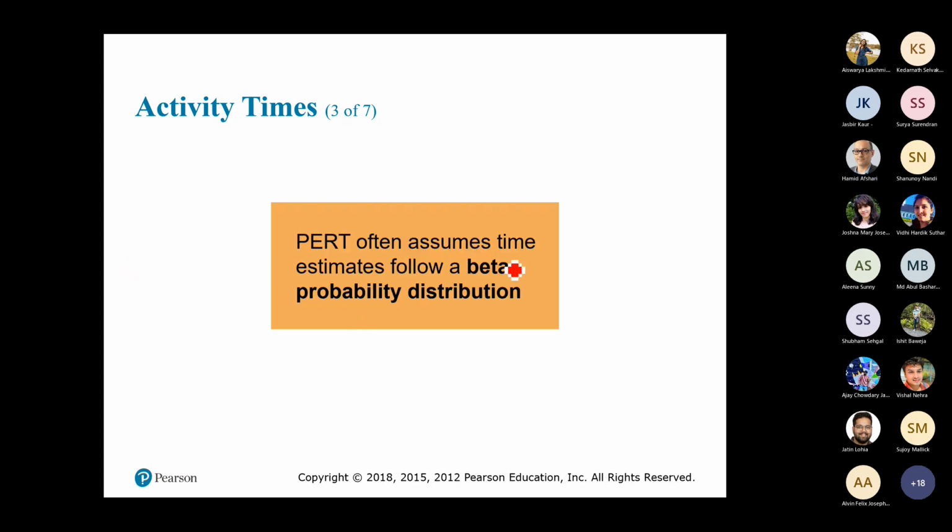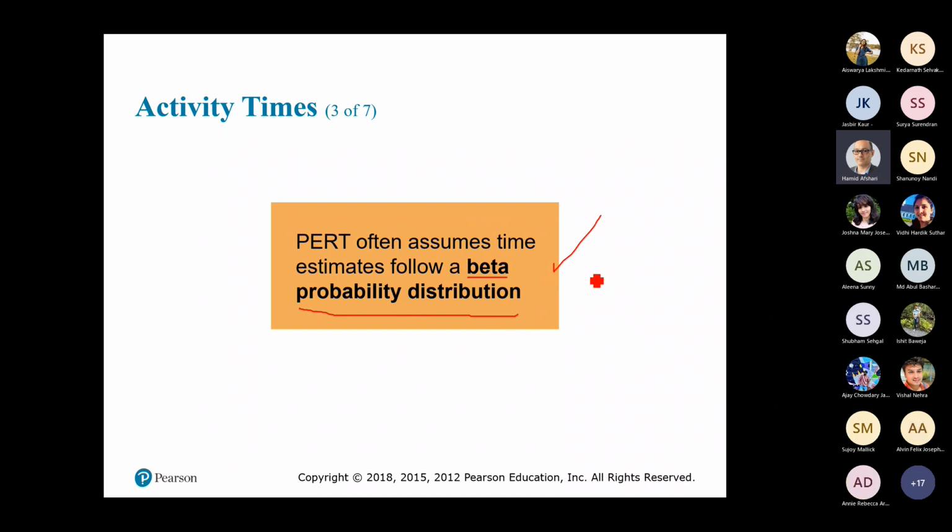PERT often assumes the time estimates follow a beta probability distribution. So what is the usefulness of knowing this? What is the value of that?